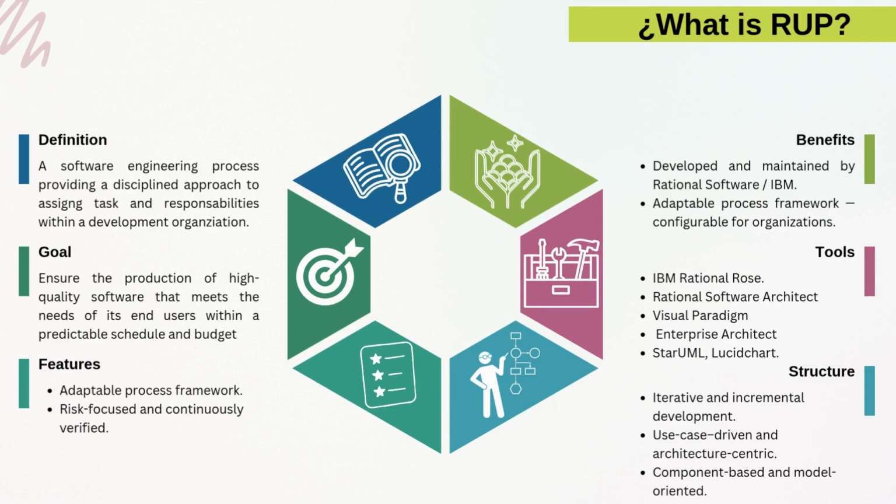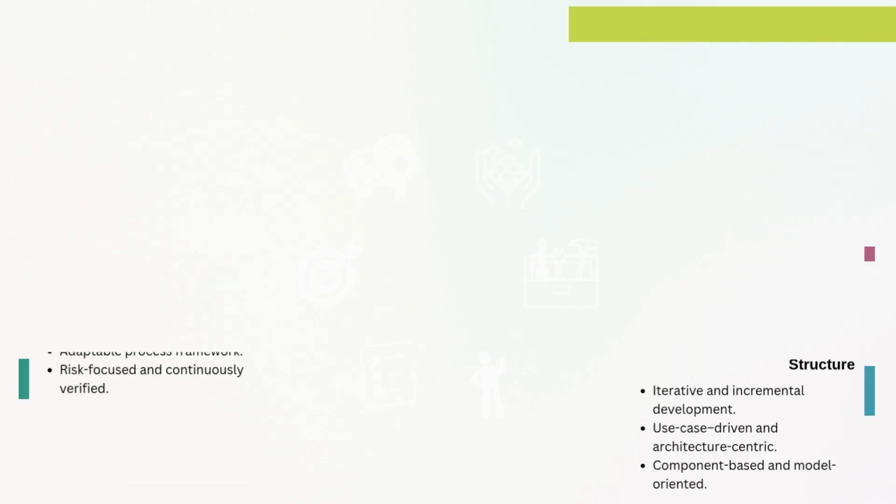RUP is a process product, distributed and updated like software itself, and a flexible framework that organizations can tailor. It combines multiple modern practices into one coherent process. It is use case driven, meaning user goals guide requirements and designs.